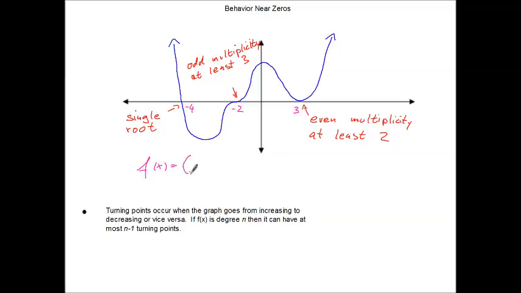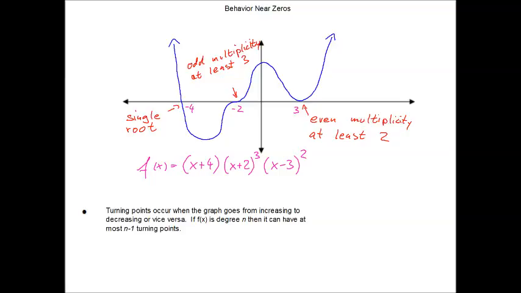The first one is a single root, so that's (x + 4). The second one has a multiplicity of at least 3, so (x + 2) needs to be cubed. And our last one, x - 3, is an even multiplicity, and that means that factor needs to be squared. And here goes our function in factored form, written from just observing the zeros of the curve.